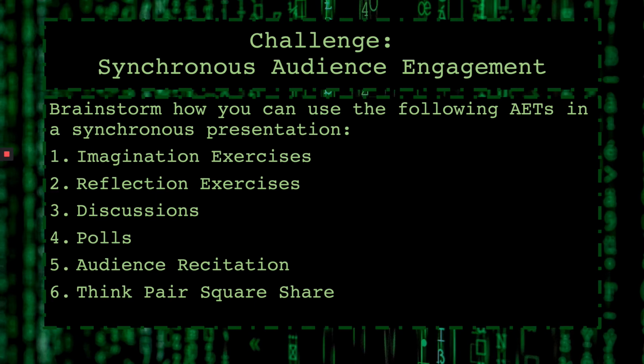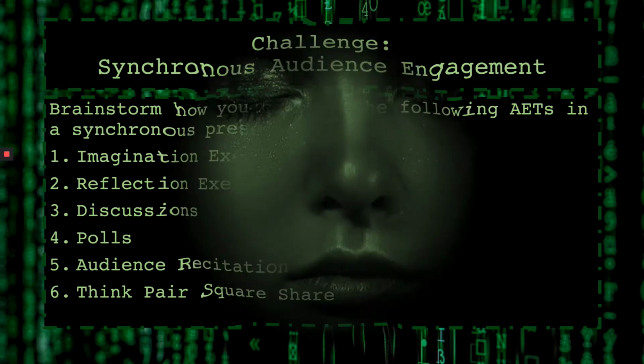I'll go ahead and give you 10 seconds to think about it. Pause the video if you need to. Okay, let's look at some of the possible audience engagement techniques in a synchronous presentation.